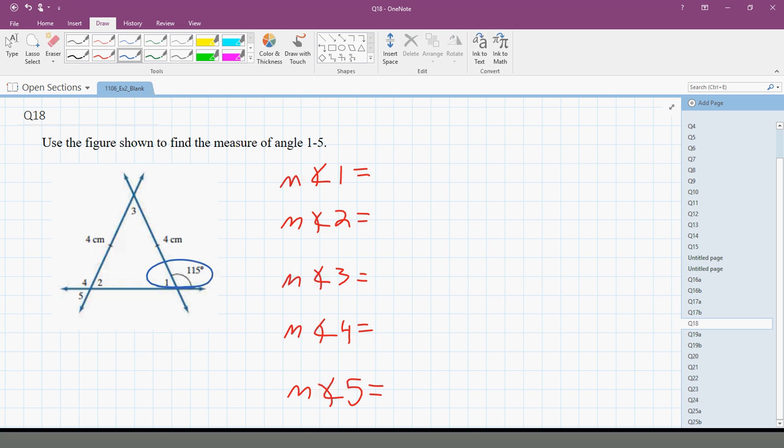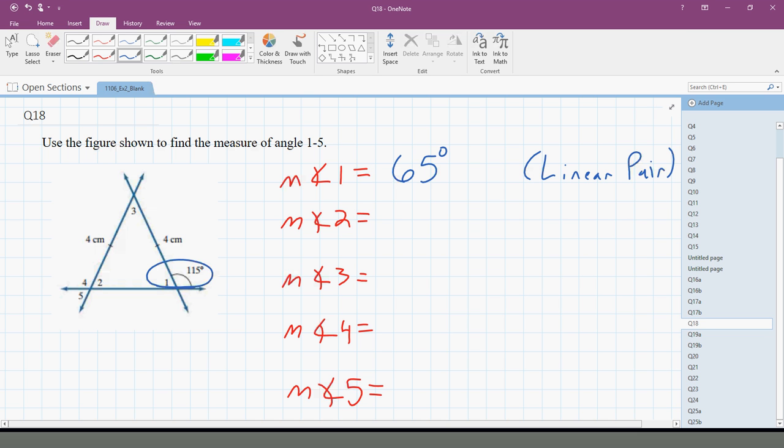So in our case, yes, you will take 180 minus the 115, because it's a linear pair, and linear pairs are supplementary. So how much is angle 1 then? 65 degrees. Good.